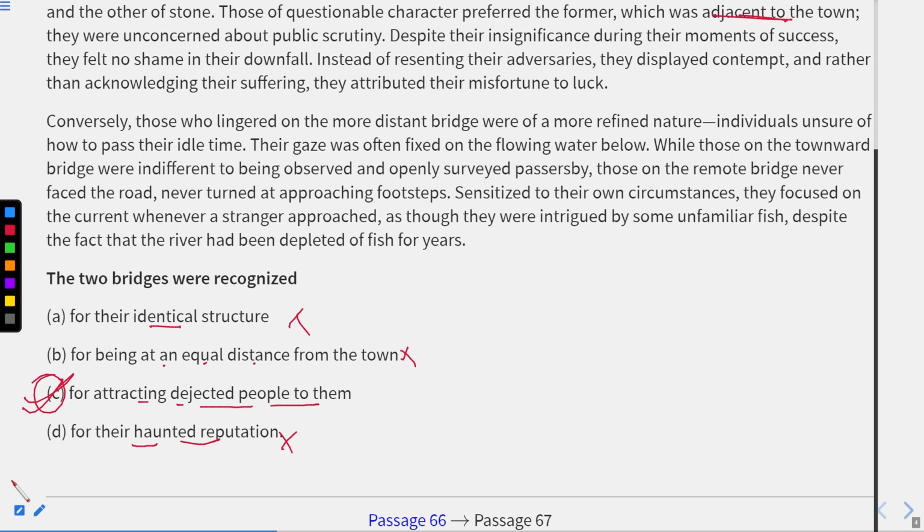They do not feel shame in their downfall. And the more distant bridge was of a more refined nature; though they are refined, they are dejected because they have never approached the footsteps, they have never faced the road. So these types of people are also dejected. Okay, so here C is the correct answer according to this situation.